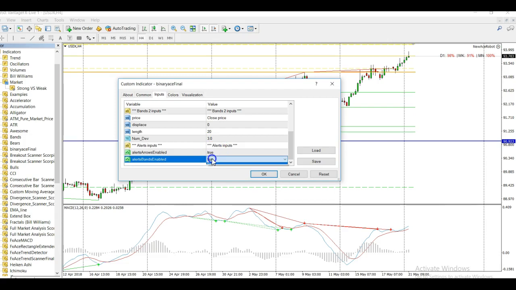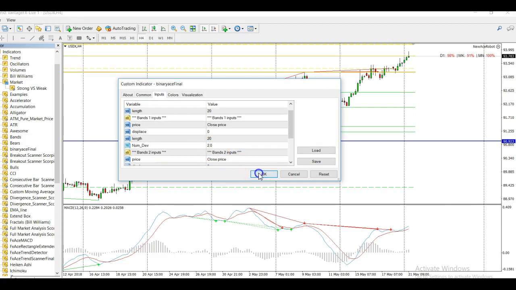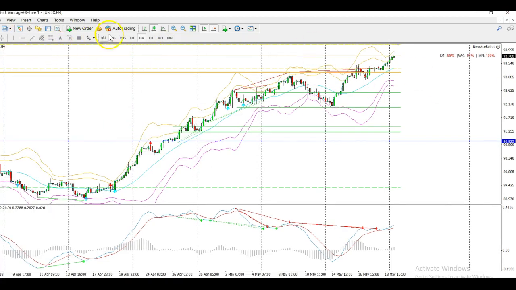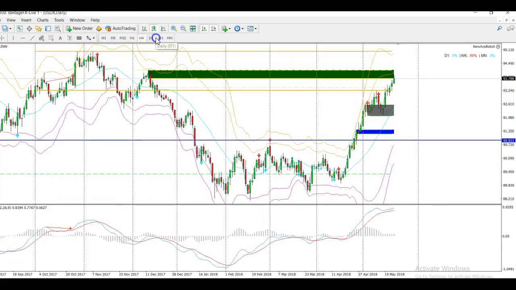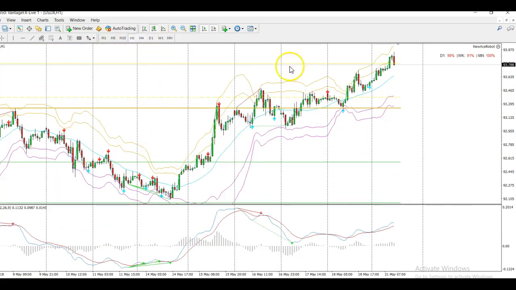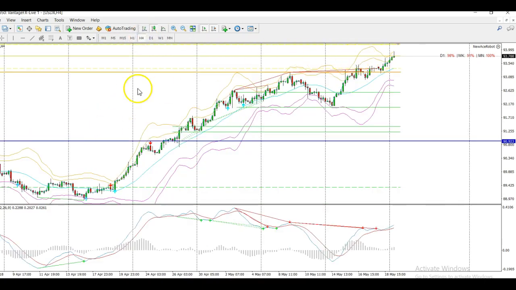Make sure it's off. Okay, let's see what's happening. Are we getting any signals coming in this area? Are we getting any arrows? The last arrow was here, so I'll wait for an arrow on this, but I'm liking this to start moving down this week.